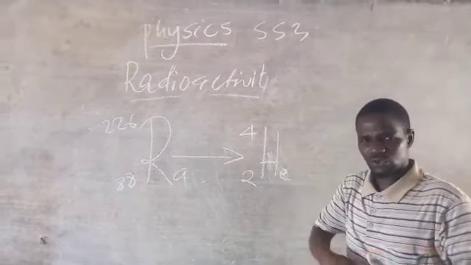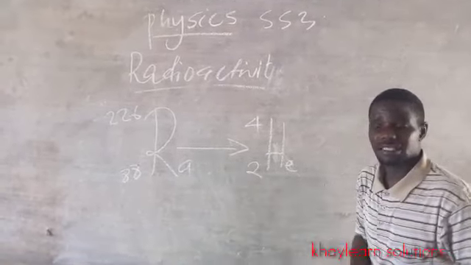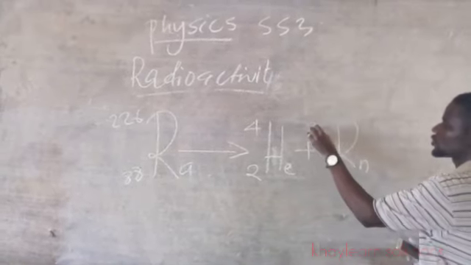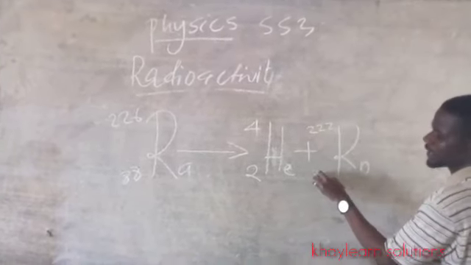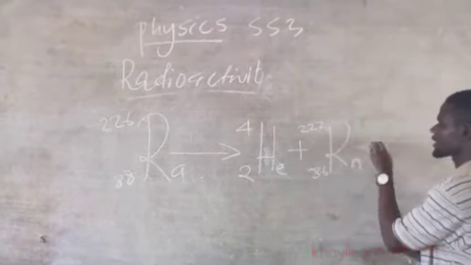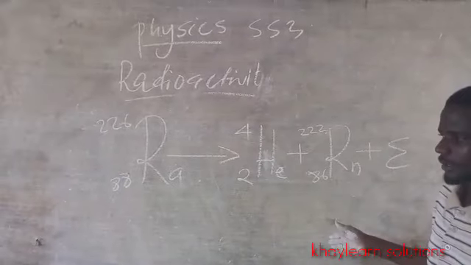Now, what is the result, or what are the residues? What remains after this decay? The residue is radon 222 with atomic number 86, plus energy. All of you may be confused on how this goes.